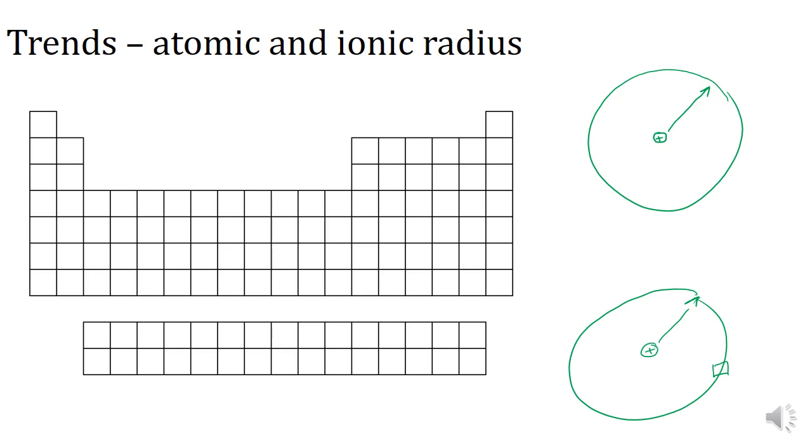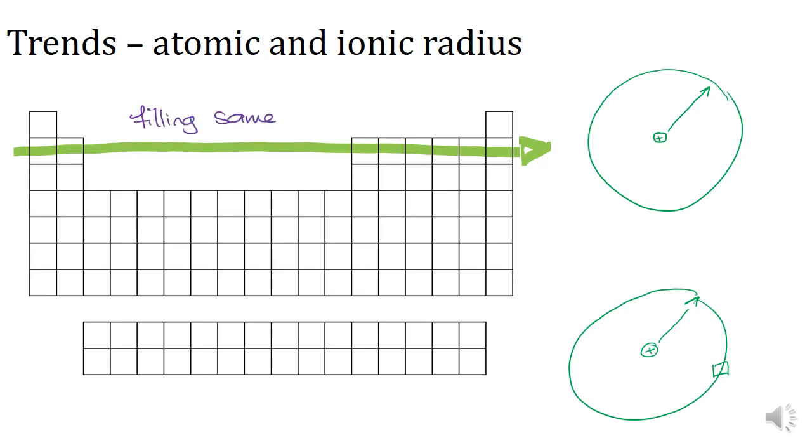Think about what happens when I move along a period in the periodic table. The outer shell I'm filling is the same shell, but I'm increasing my number of protons, which increases the pull on the valence electrons.